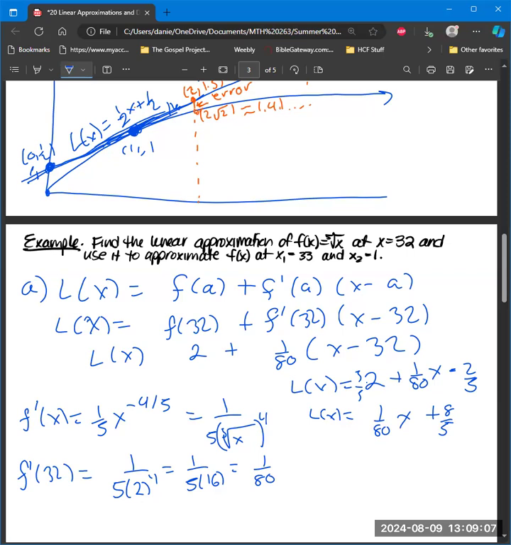I'm going to use that linear approximation to approximate what the 5th root of 33 is. And so that's going to be 33/80 plus 8/5. This is 16. Multiply by 16/16 here. 33 plus 128 over 80, 161/80 is 2 1/80.